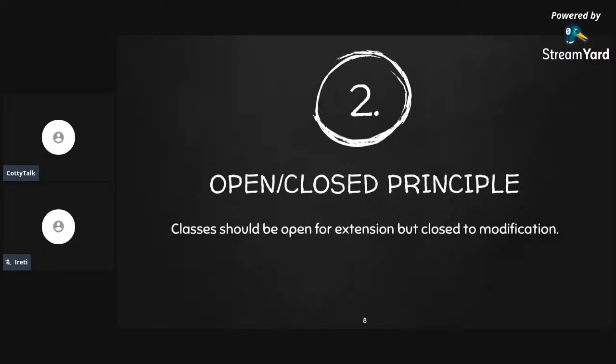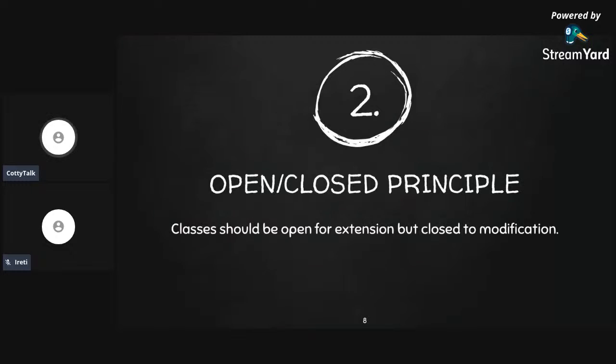That is being open to extension, but you do not modify the existing one. Because if you go ahead to modify it for your use case, then in other places where it has been used, it will cause problems.